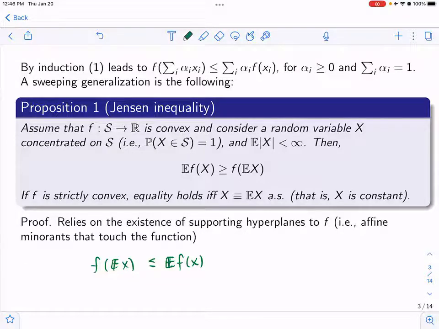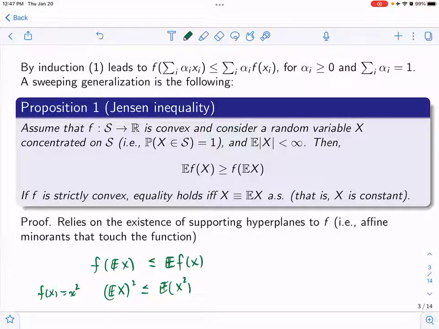The easier way to see it is if f of x is x squared, if you don't remember the direction: this is saying the square of the expectation of x is less than the expectation of x squared, which is the inequality that says the variance is non-negative. You probably remember this if you remember the alternative formula for the variance. So pulling the expectation out of a convex function makes it bigger, or bigger than or equal to.